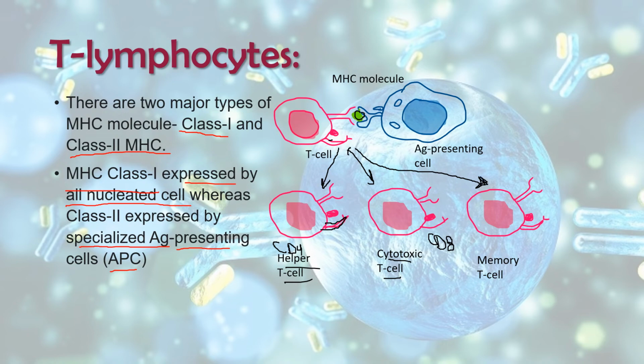So what are these macrophages? Basically, these are phagocytic cells. Suppose this is an antigen or any kind of foreign invader, and it is engulfed by the macrophage. Once they engulf it, through digestive enzymes they break it down into simpler molecules or peptide fragments, and these peptide fragments are presented by the MHC molecule that is present on the surface.